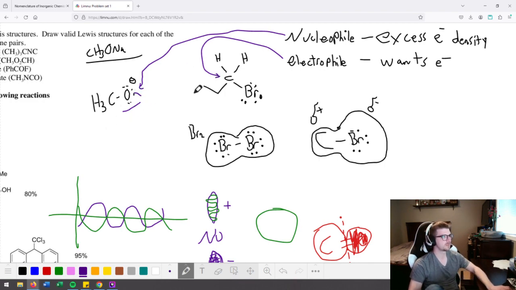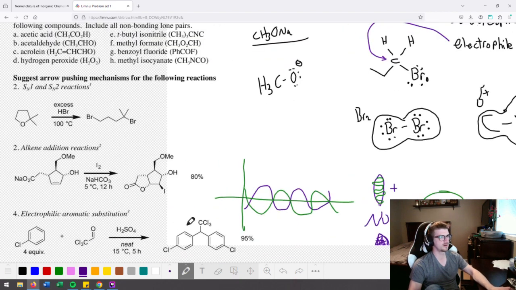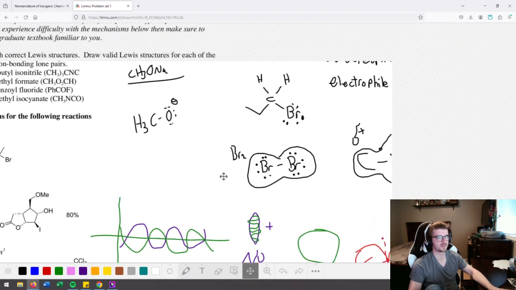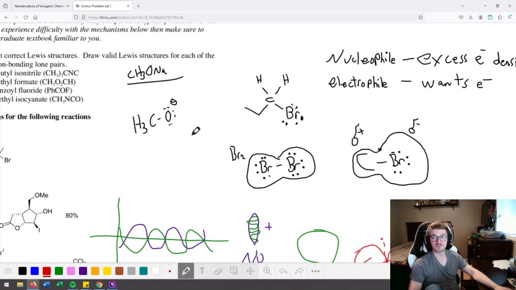And so now, I'm going to take out those other arrows because they're just kind of in the way. So the way that we shuffle electrons around in chemistry reactions is that we draw an arrow starting from one of the lone pairs, and it points at its target, at the electrophile here.